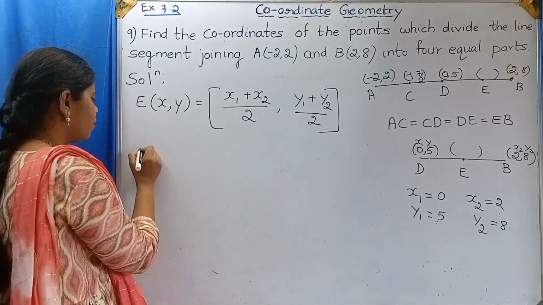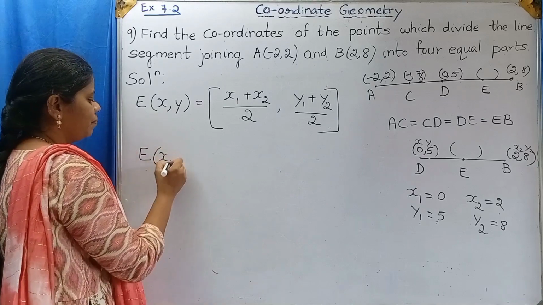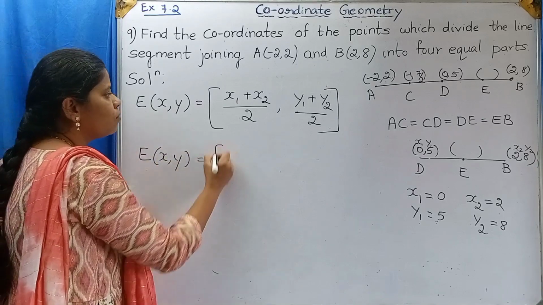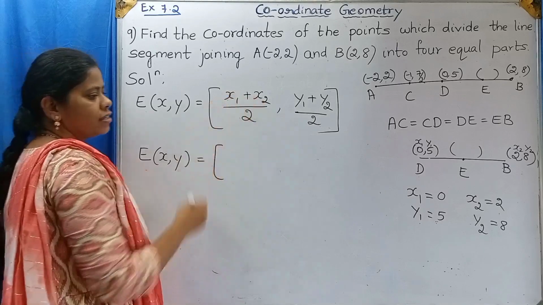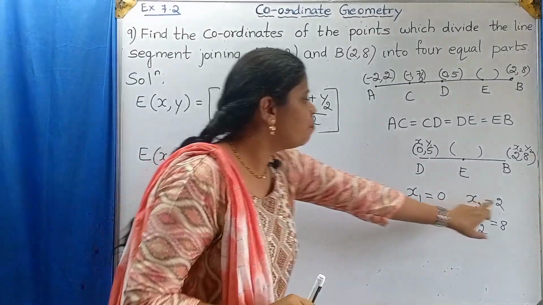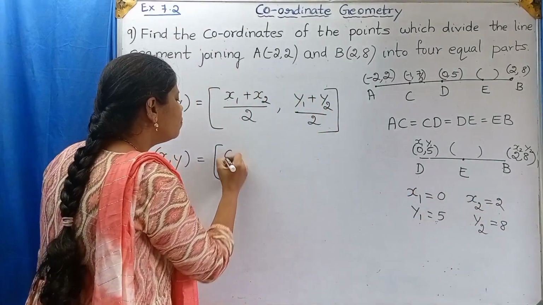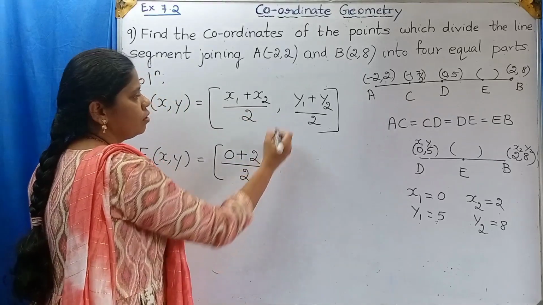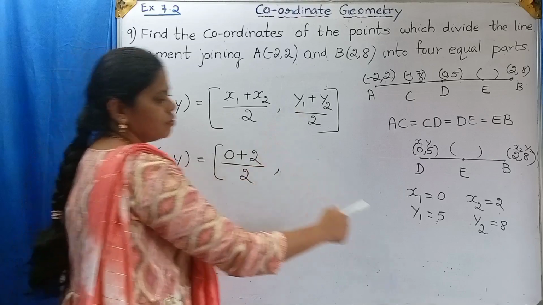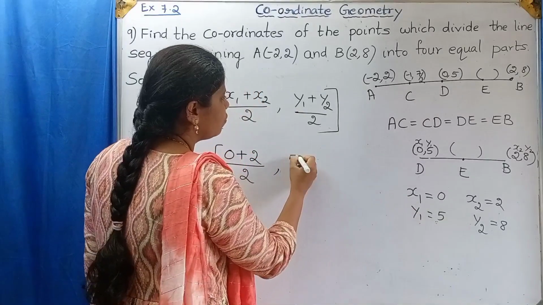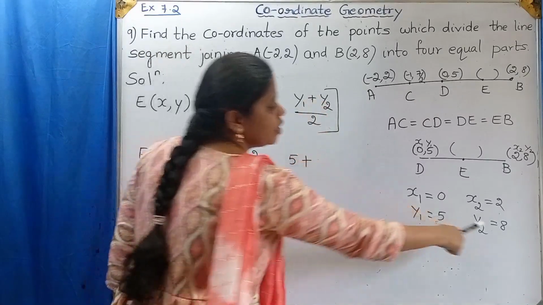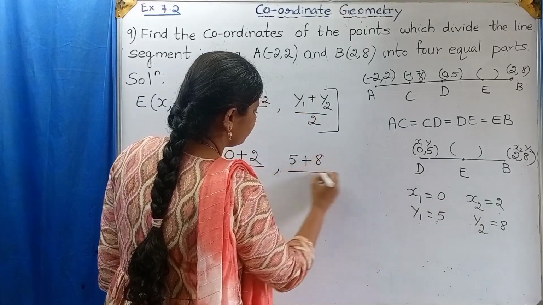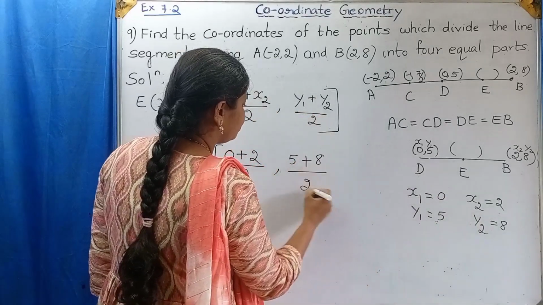E of xy is equal to x1 plus x2, that is 0 plus 2, divided by 2, comma y1, that is 5, plus y2, that is 8, divided by 2.